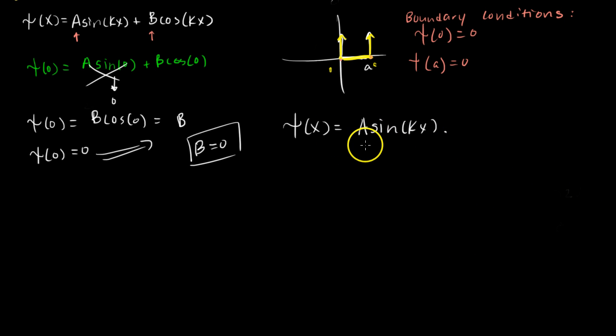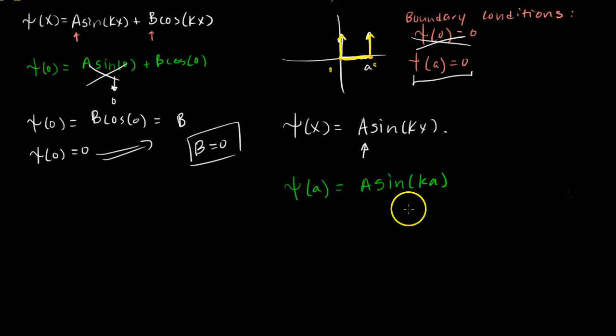But now we have to solve for a, and we've already used this boundary condition, so what's left? Maybe this one. Okay, let's just plug it in. Psi of a is equal to a sine of ka.